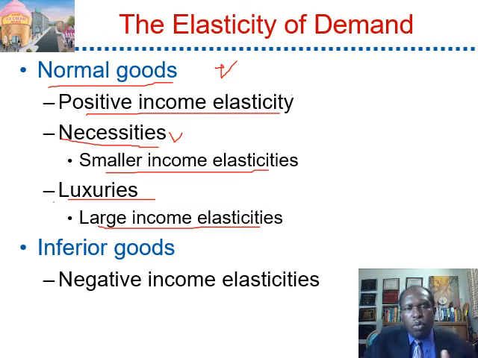Examples of luxury goods would be taking a vacation in Paris, or buying a luxury car like a Mercedes Benz. On the other hand, if the value of income elasticity is negative, then we are dealing with an inferior good. For instance, potato is an inferior good. The value of the income elasticity would be less than zero.